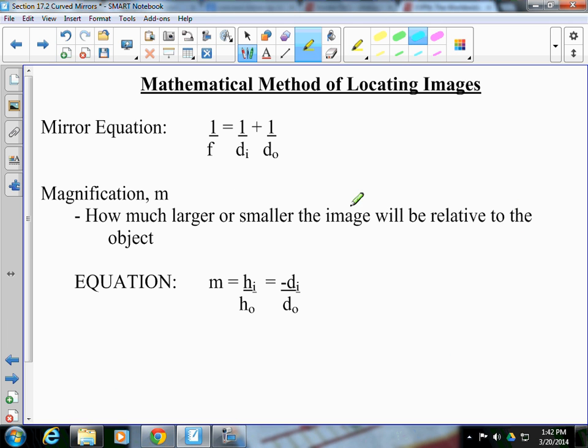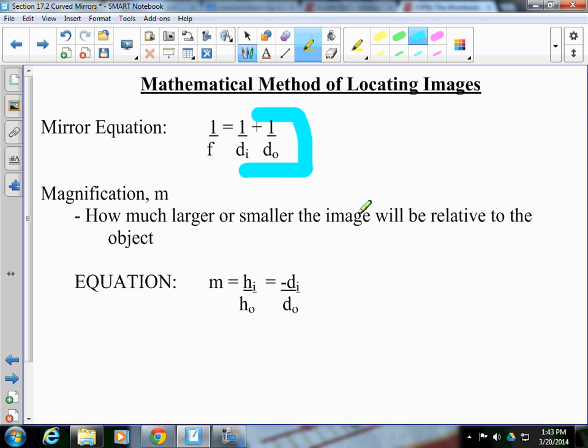Now, we also have a mirror equation, which can help us calculate things when we are talking about curved mirrors. It can help calculate the distance of the image and the distance of the object. So we have really three equations. First, 1 over f is equal to 1 over di plus 1 over do.